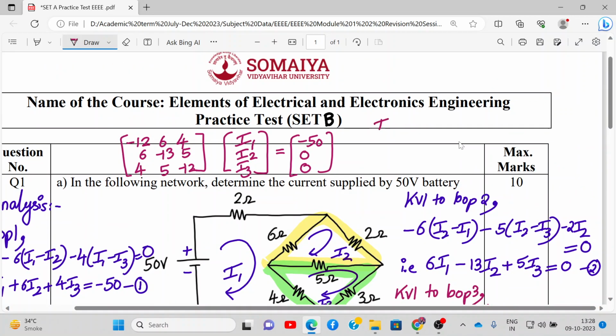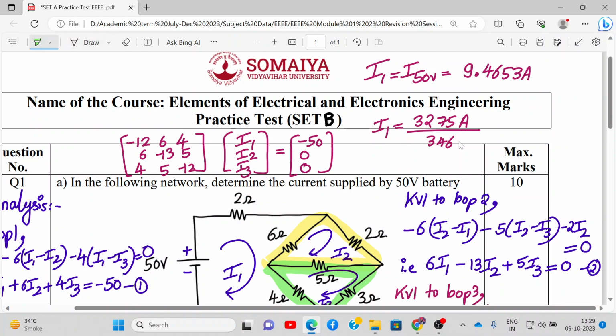All right, so I1 is coming out to be 3275 amperes divided by 346. Actually we require I1 only. I1 is nothing but the current flowing through the 50 volt battery, and that is coming out to be 9.4653 amperes.